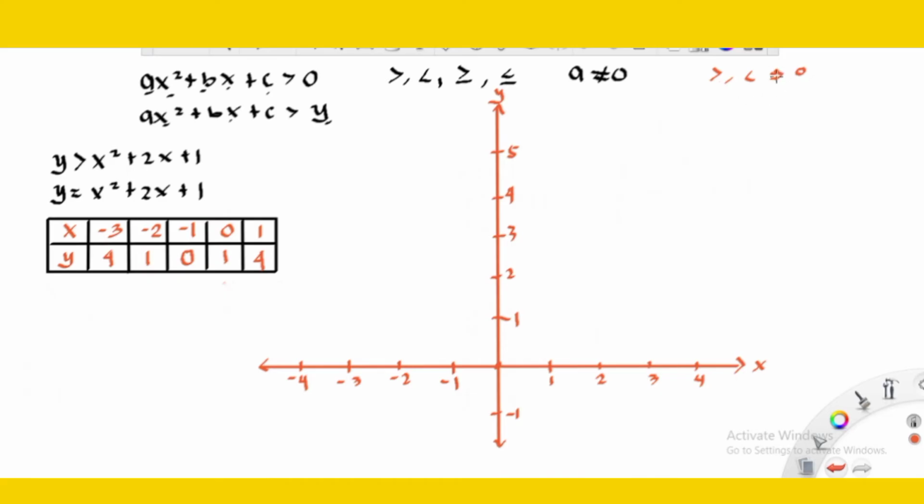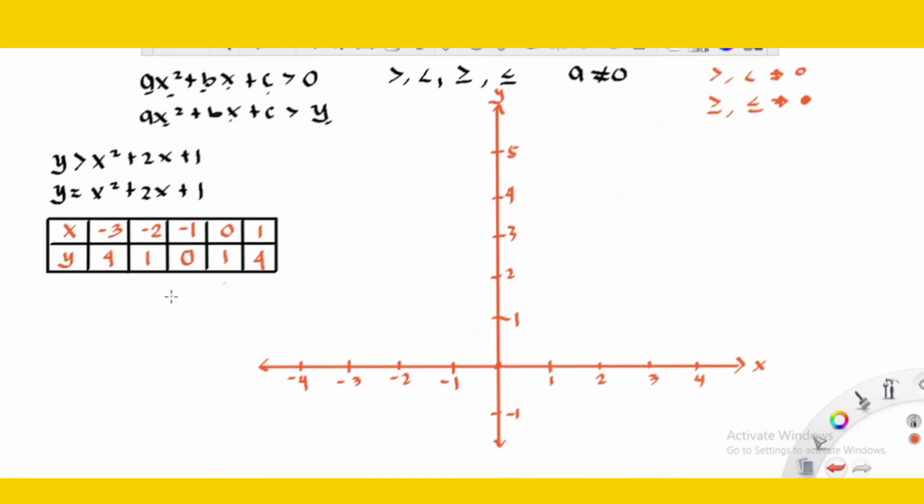Okay? But, if the symbol is greater than or equal to, o di kaya less than or equal to, may guhit sa ibaba, so yung ipiplot natin na point ay shaded. Ibig sabihin, kasama yung points na yon sa solutions. Okay? So, I want you to remember this because this is very important.